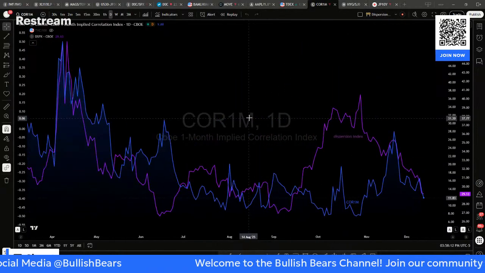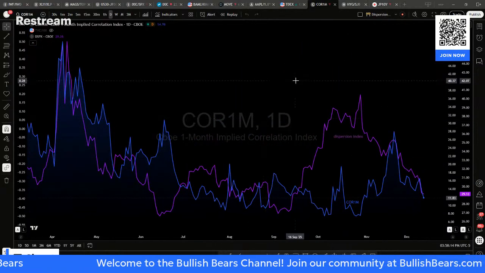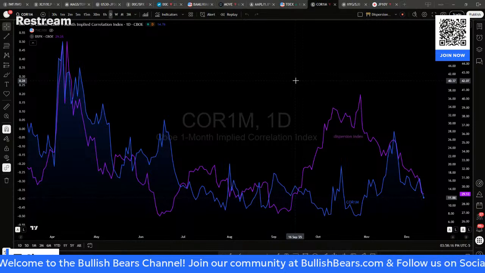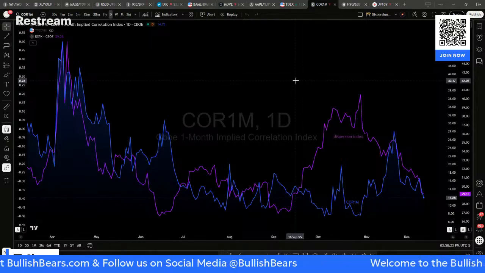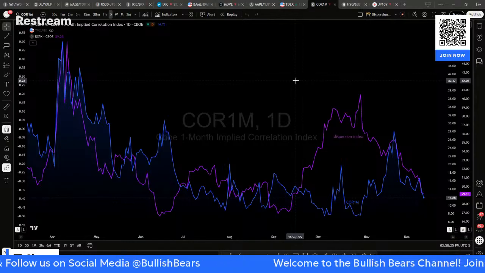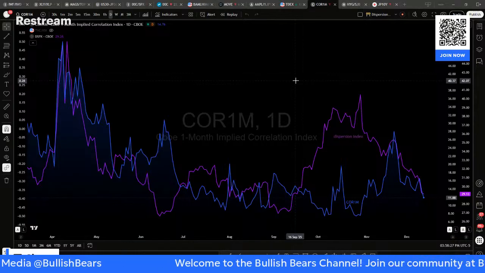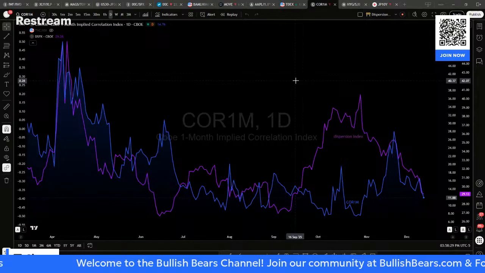Dispersion. This gets a little complicated, but you got the idea of correlation, right? Think of synchronized swimming or matching. If you want to correlate with your buddies, you want to sync up.